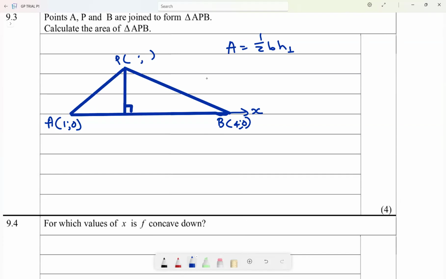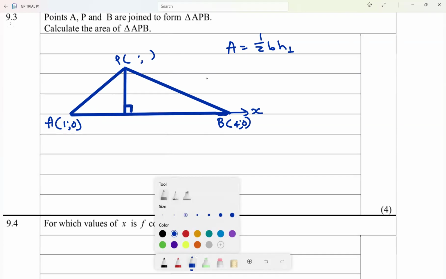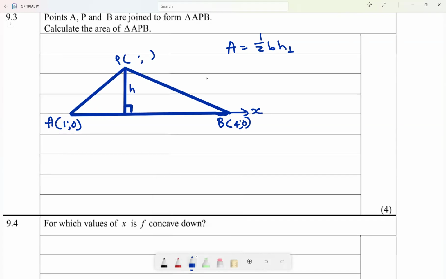So if I refer to this as my perpendicular height, then where it touches, this should be my base. So basically AB should be my base.